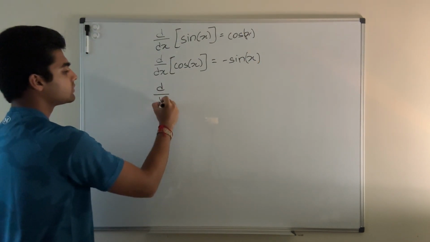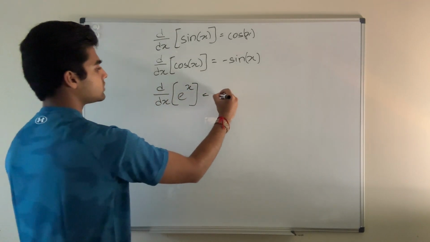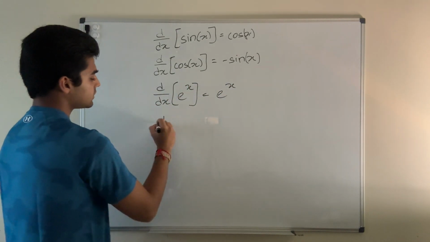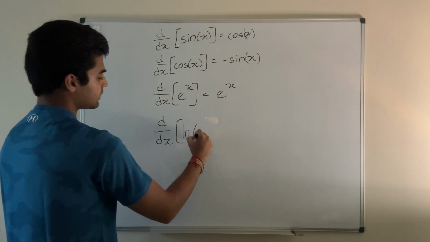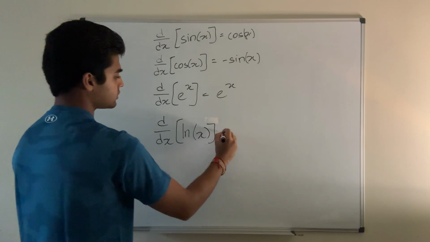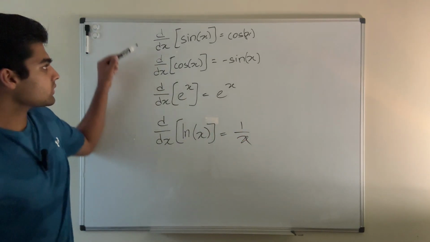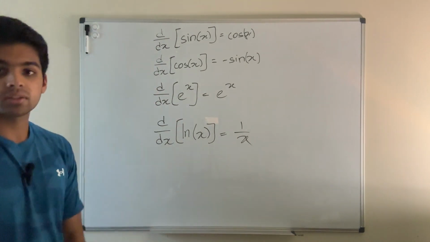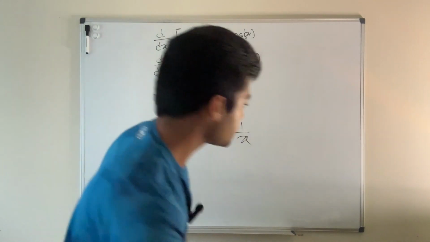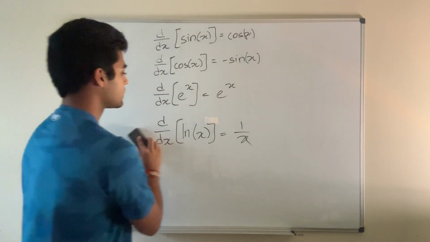The derivative of e to the x is just e to the x, and the derivative of natural log of x is just 1 over x. Okay, same list that we had before. I just wrote it all out. I will be erasing this now so I have some more space to do practice problems, but just know I will be referencing these, okay?